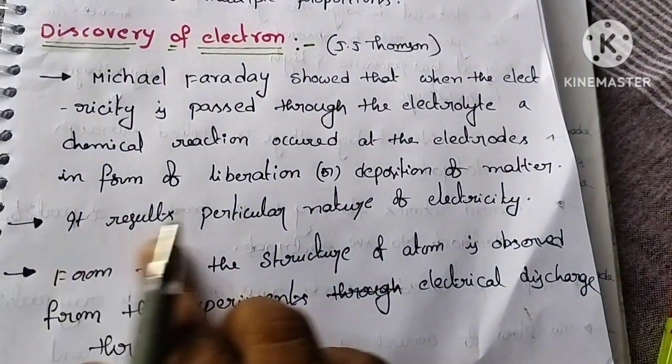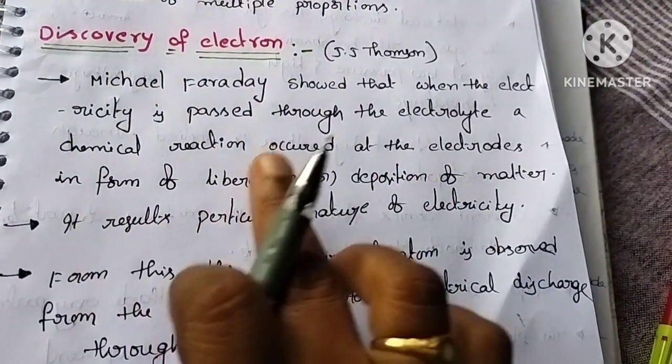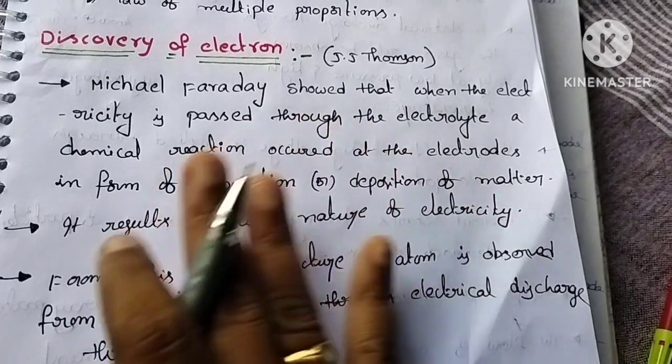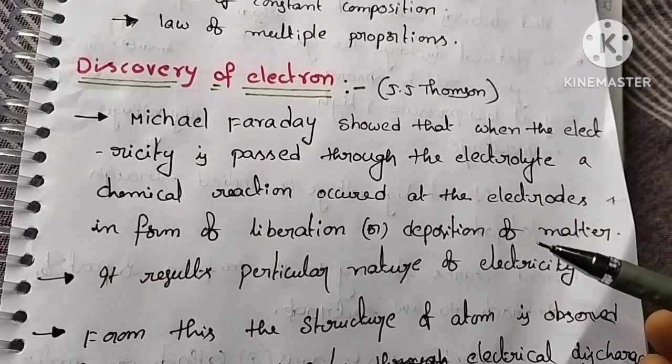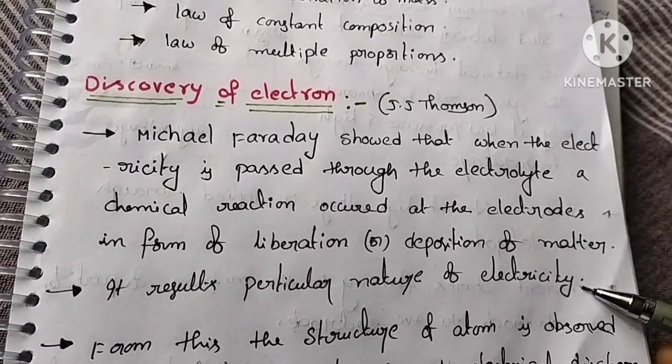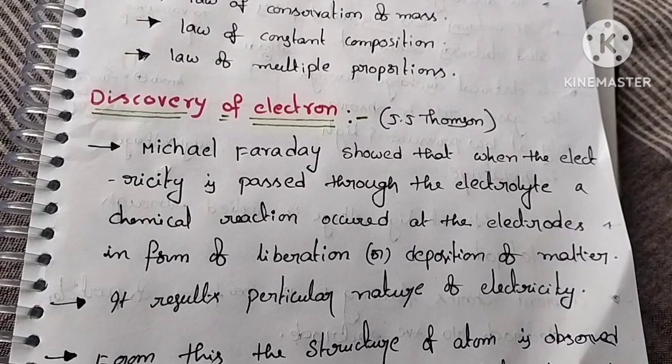From the liberation or deposition, we find the particular nature of electricity.